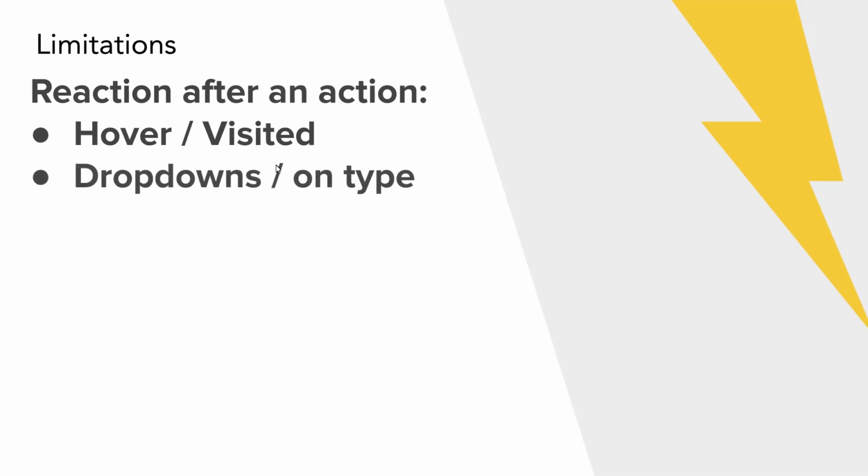As well as reaction after an action, like if you're trying to test what the changes are when you hover on a button, or what it looks like if a URL or a link is visited, as well as drop downs, on-type interaction, and form submissions.